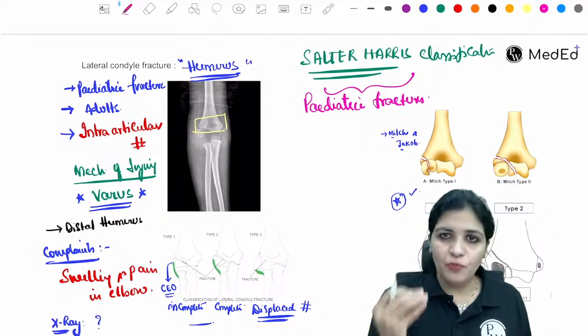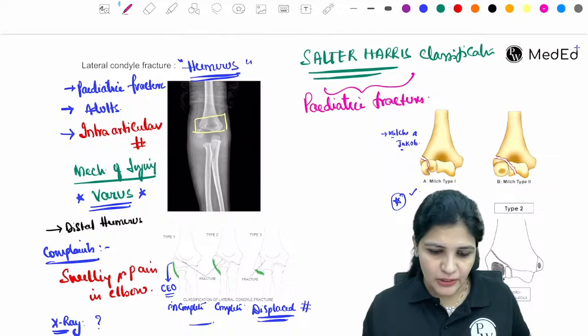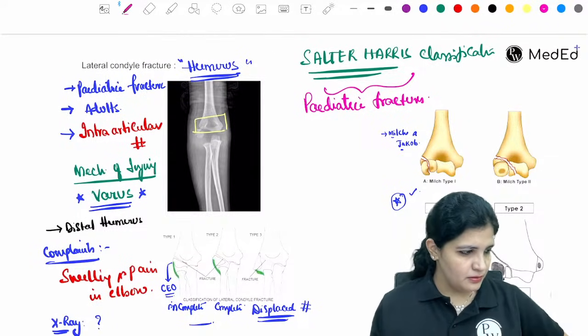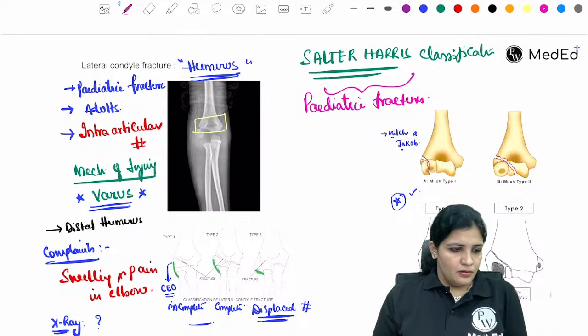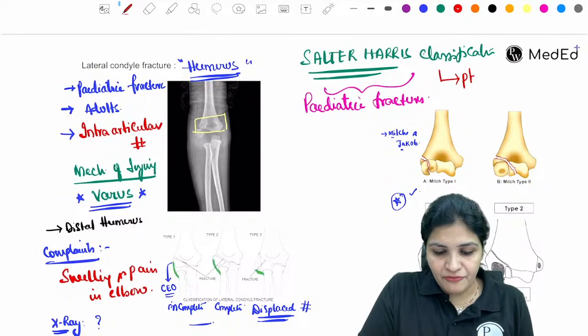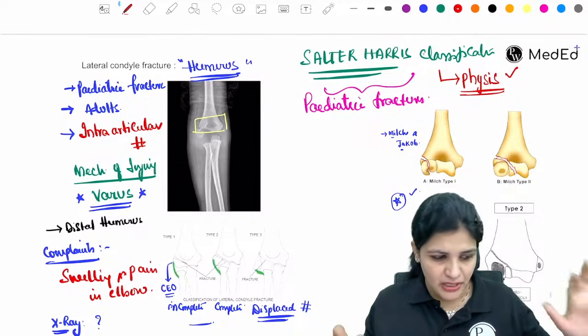At least tell me what it is used for. The Salter-Harris classification is mainly used for the physis. Whenever there is an injury of the physis, we use this Salter-Harris classification.